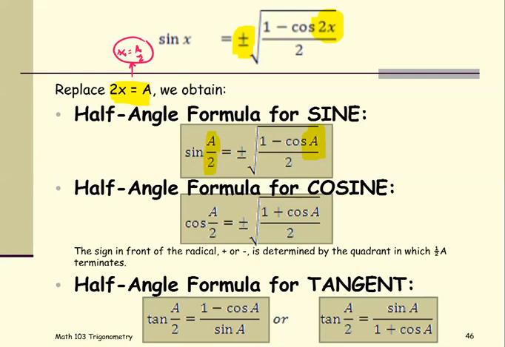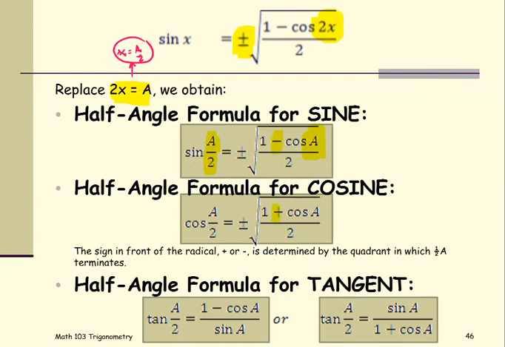The half angle formula for the cosine would be cosine of A over 2 equals, again, plus or minus depending on the location or the quadrant that A over 2 is located in. So cosine A over 2 is plus or minus the square root of 1 plus cosine A over 2. And you see the difference between the sine and the cosine half angle.